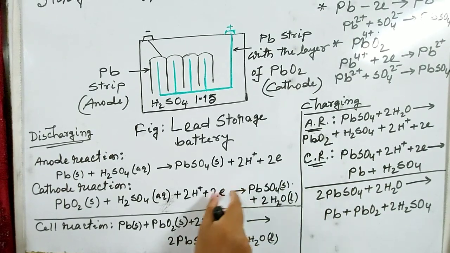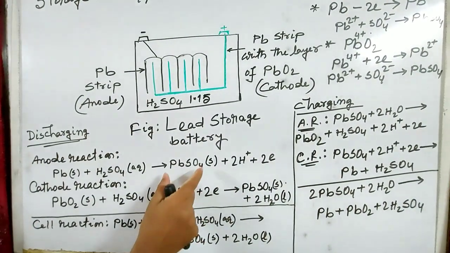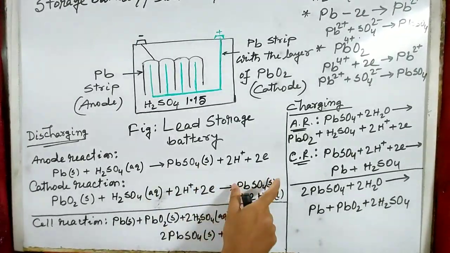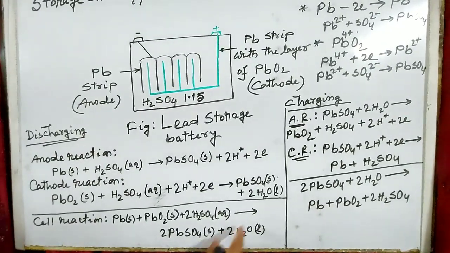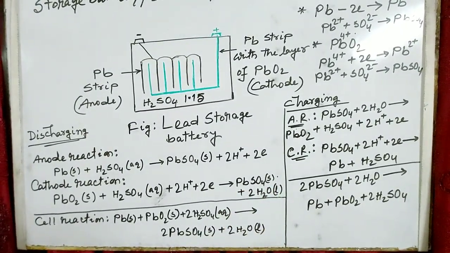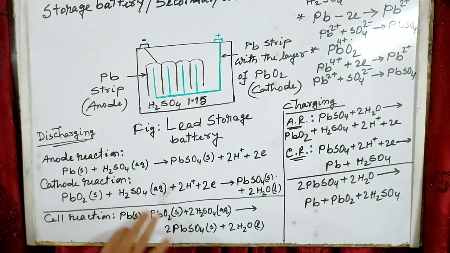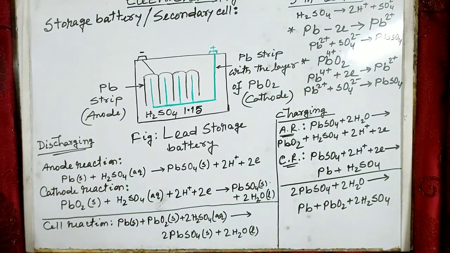Then those 2 electrons are also crossed out, and at the right side lead sulfate and lead sulfate, there are 2 times lead sulfate. That's why I have written here 2 PbSO4 plus 2 water molecules. That's all about the reactions during the discharging process.